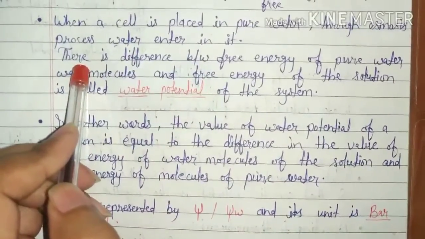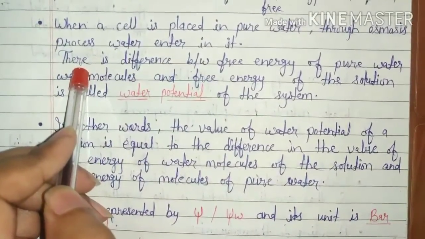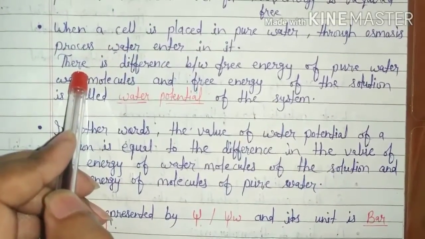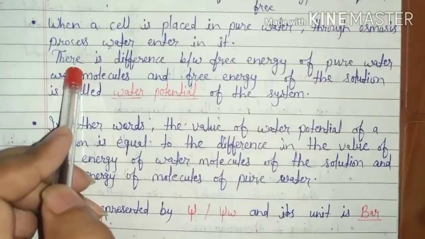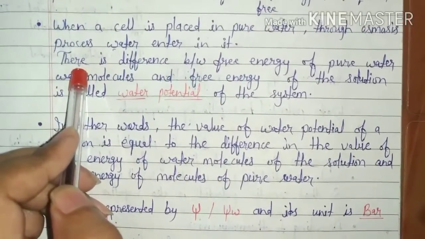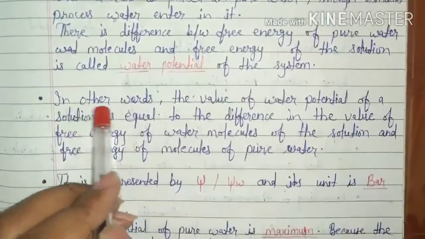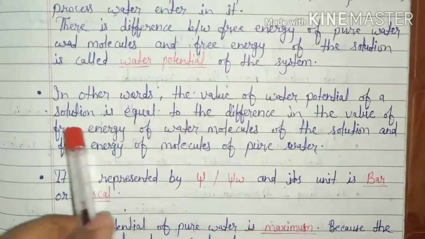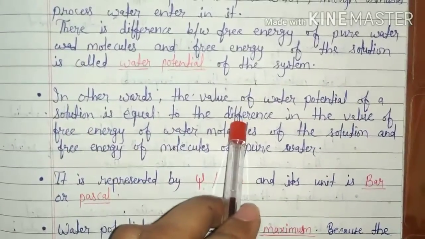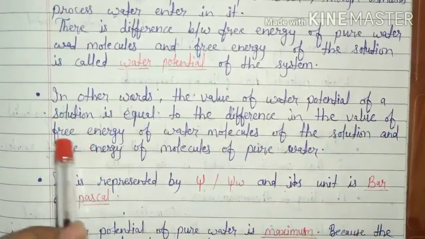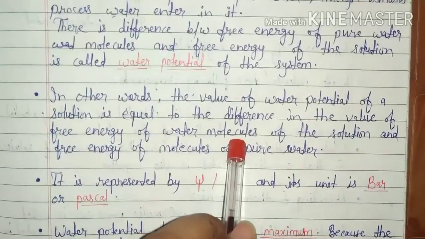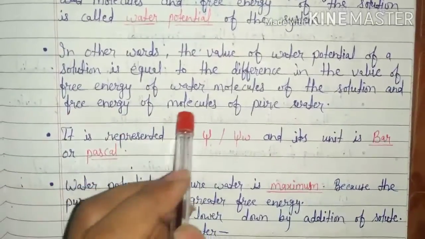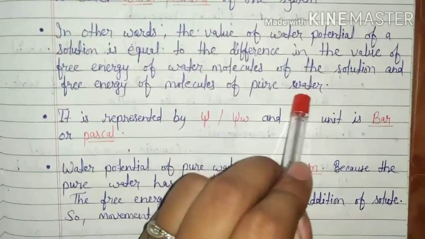It means the difference of free energy between pure water and water molecules of the solution is called water potential, or psi W. In other words, the water potential of a solution is equal to the difference between the free energy of water molecules of the solution and the free energy of molecules of pure water.